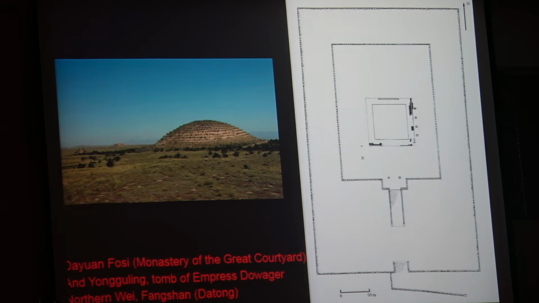The monastery in Fangshan, the monastery of the Great Courtyard, the Daiyuan Fo Monastery that I showed you when I began looking at Chinese Buddhist monasteries from the 5th century near the city of Datong, is in the vicinity of the burial mound of the empress who built, if not this monastery, then other monasteries in the Datong capital.